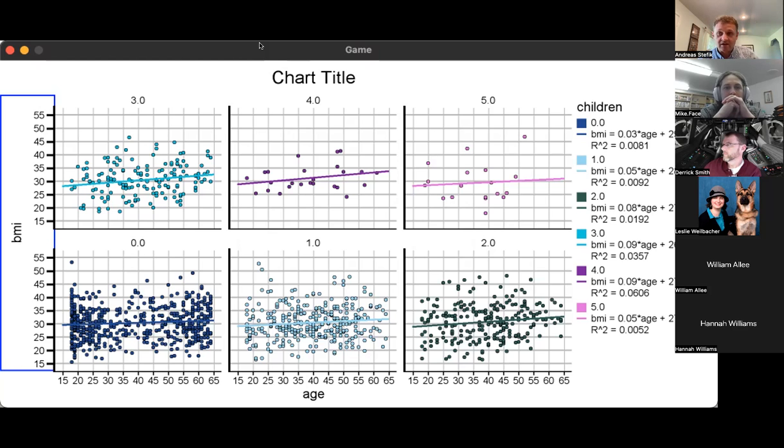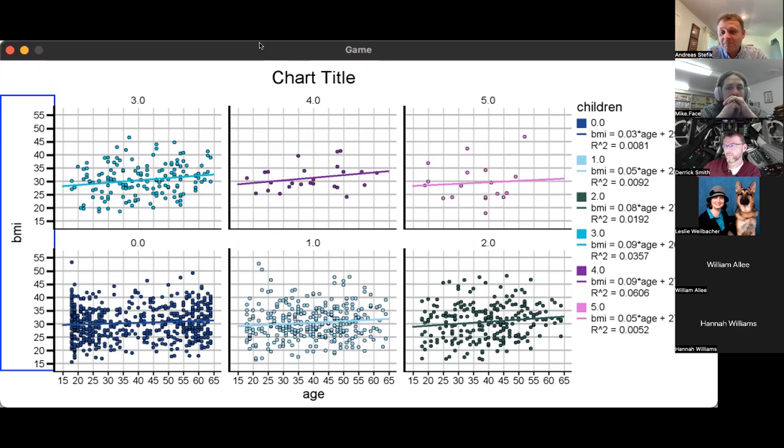The details of them don't matter, but variance accounted for is often interpreted, although it's not always completely correct, but it's in the ballpark, as the percent of the variance that is related to this relationship. So what that means is if you have an R squared of 1, the wobble in the data fully represents the relationship. And if it was a 0, then you're going to see a big mess.